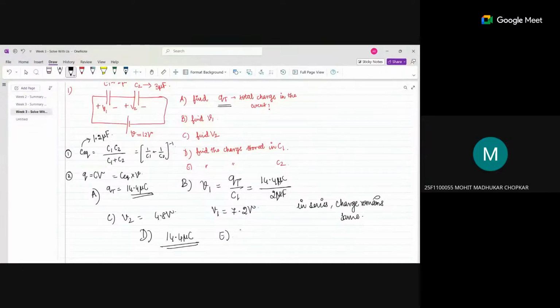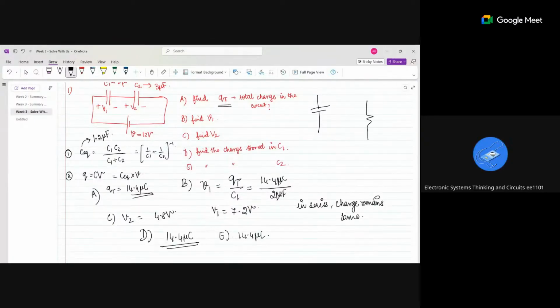Ma'am, in resistors connected in series, the current is the same across both resistors. What happens with capacitors connected in series? Is the current divided or the same?